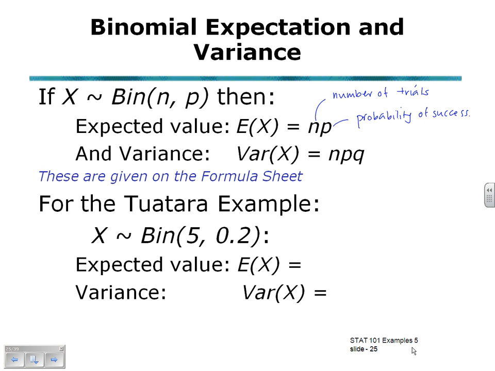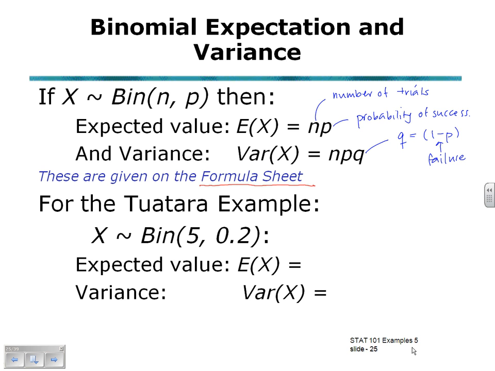And the variance of x, our binomial random variable, is n number of trials times p, probability of success, times q, which is probability of failure, or 1 minus p. So sometimes written as n times p times 1 minus p.